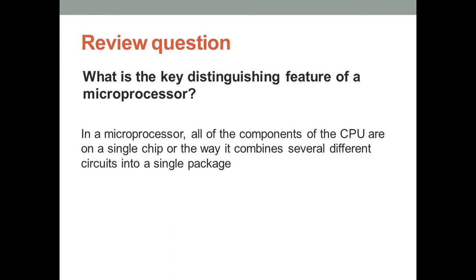So it means in a microprocessor, all of the CPU components, or if you have a cell phone or Android phone, in a single chip microprocessor, it contains the GPU, or graphic processor unit, and also the CPU, central processing unit, in one chip. That is one of the examples of a microprocessor.